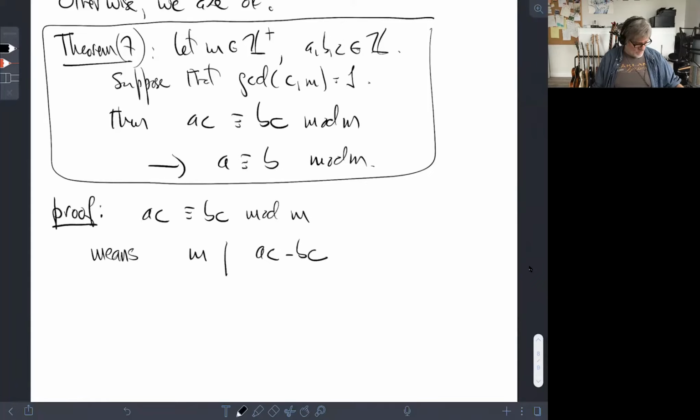So M divides (A minus B) times C. Now that first lemma we saw says if a number divides a product and it is relatively prime to one of the factors, then it divides the other one, which is exactly what we want here.